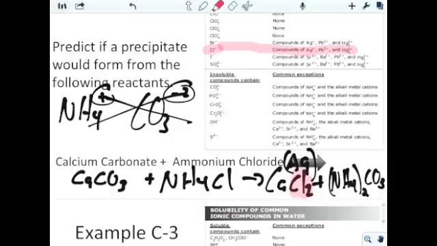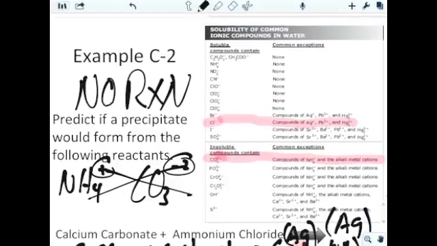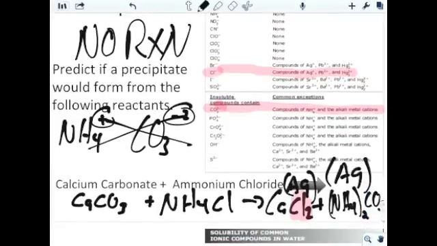Well, where's carbonate? Carbonate's right here. The only exceptions that we have, it's insoluble, so therefore it would form a solid unless, well, we see that it's bonded to the compound of ammonium, so that would be aqueous as well. So therefore no reaction has actually occurred on that example because they're both aqueous.